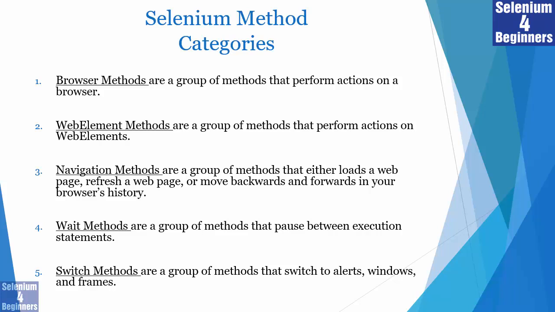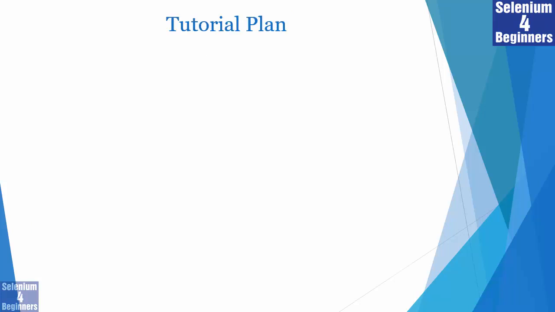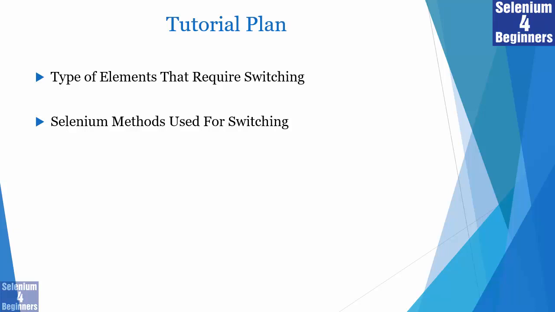Selenium will not allow us to directly interact with a web element inside an alert, window, or frame unless we execute a switch statement. We are going to discuss the type of elements that require switching, Selenium methods used for switching, then demo the Selenium switch methods.